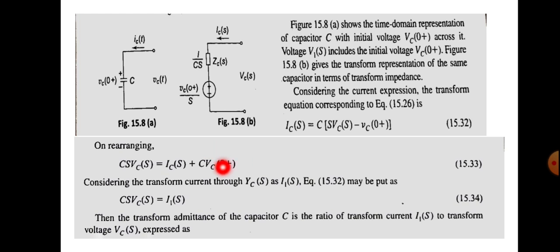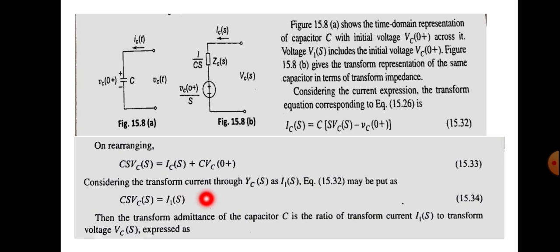This is a current equation. Taking the ratio, I1 of s by Vc of s is equal to Cs.